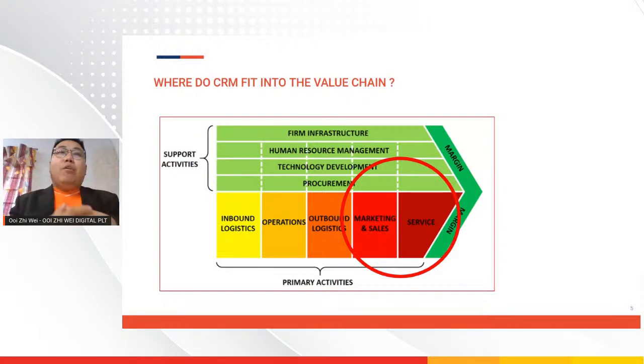So from time to time, I look back at this. What is my infrastructure? What manpower do I have? What technology and software do I have? Your procurement, of course. Where the CRM mostly sits is in marketing and service, where we go in and out with the customer, so the customer comes back to us.